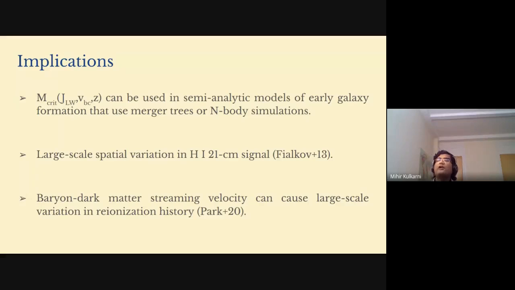So if we have a dark matter only simulation, in those simulations we can see how a halo is growing with time, dark matter halos, and we can use this critical mass to link the locations of dark matter halos to the formation of first stars.